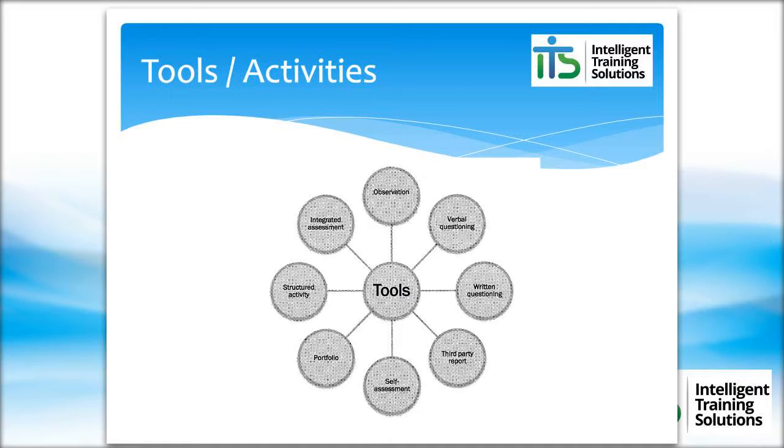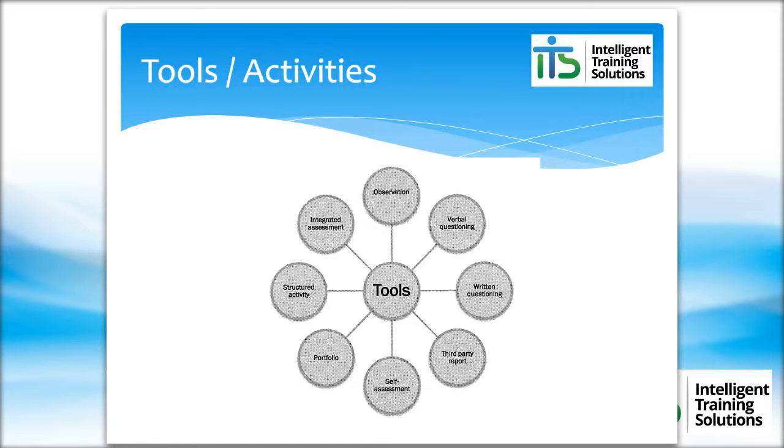When we have a look here at the types of activities or what an assessment tool can have within it, what this picture is showing here really is all the evidence gathering techniques that you can use within your assessment tool. So the activities or the methods that we can use are obviously observation, more the assessment method, so to speak.